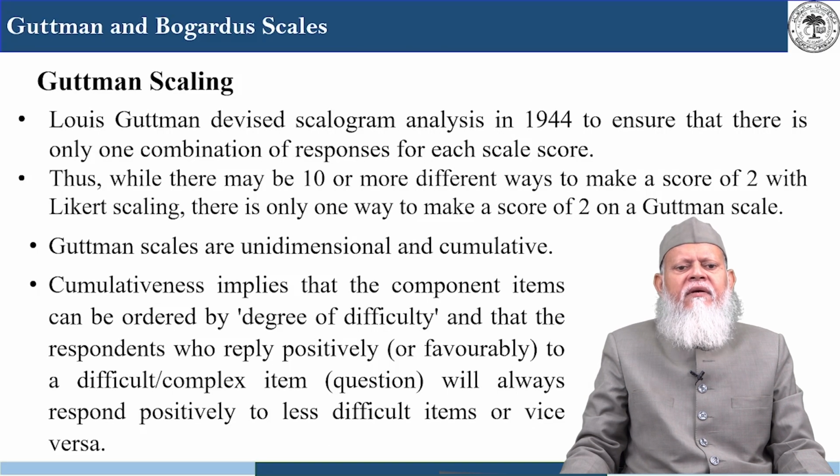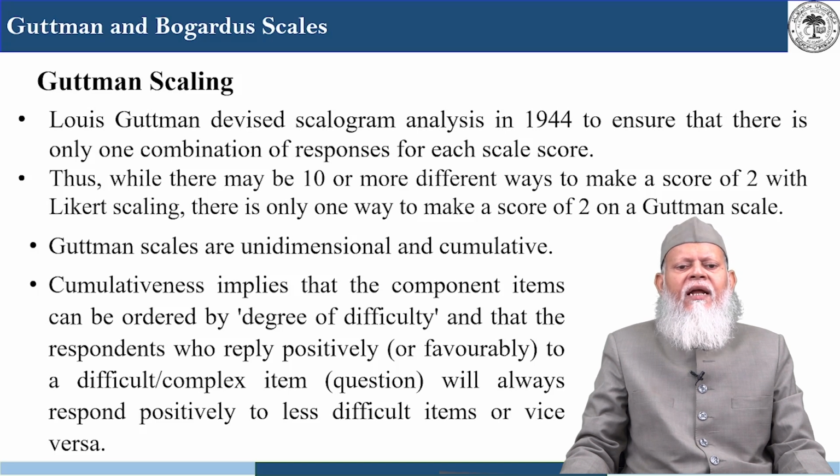Guttman scale was devised by Louis Guttman and his scaleogram analysis in 1944 to ensure that there is only one combination of responses for each scale score.